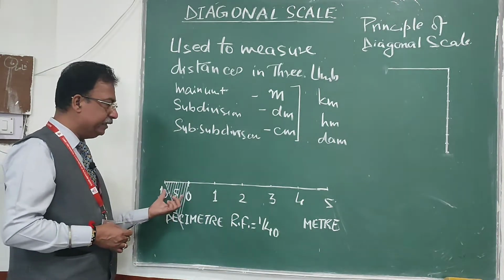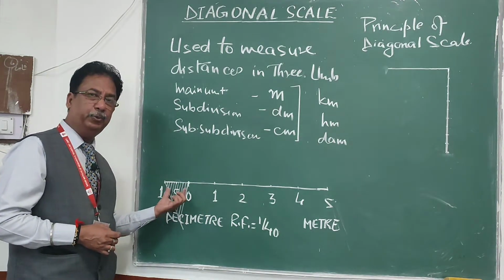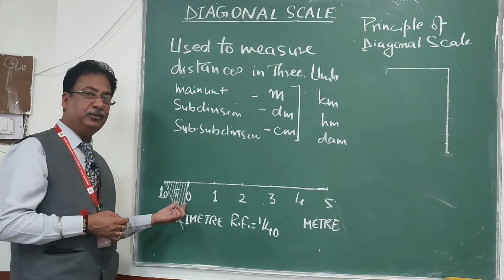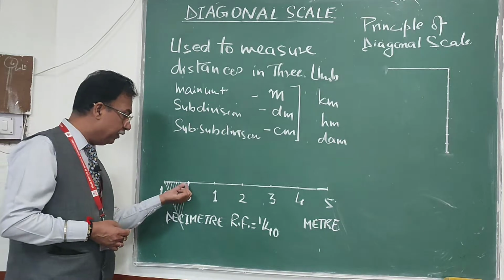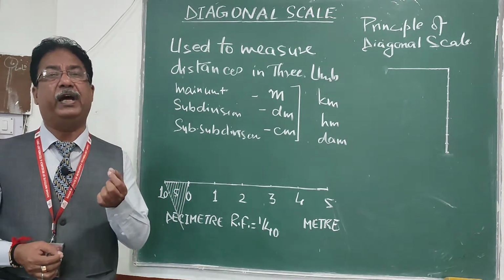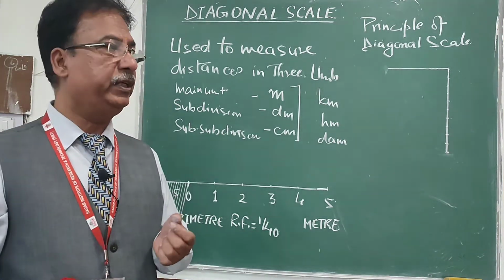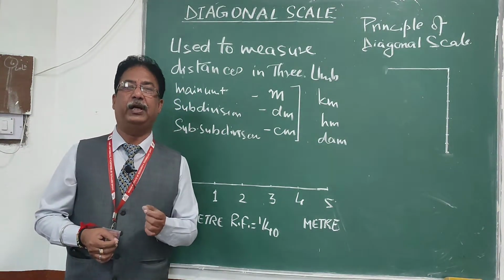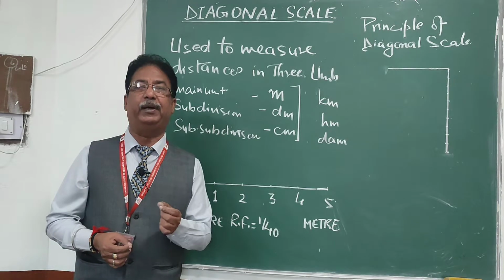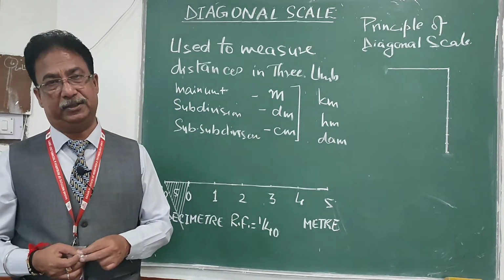We have divided that into 6 parts, so one part will be 2.5 centimeter. Now we have divided this 2.5 centimeter, that is 25 mm, into 10 parts. So this one small part will be 2.5 mm. If you see in your scale, it is really not possible to divide that 2.5 mm into 10 equal parts.